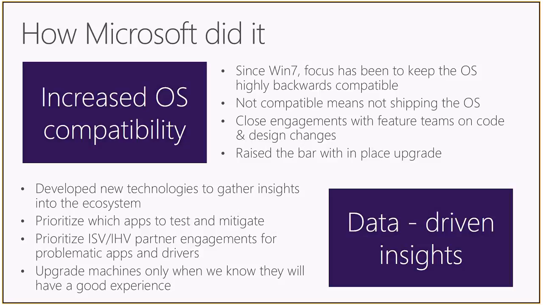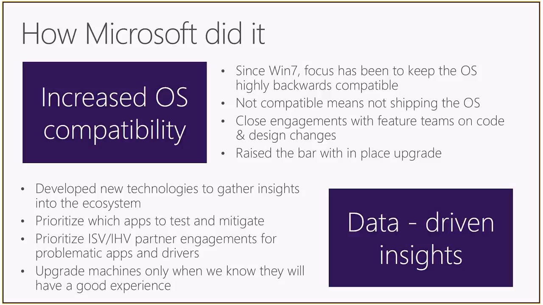So one thing that Microsoft has built into Windows 10 that they never had in the past with Windows XP, 7, 8, 8.1 is telemetry. Telemetry is built into Windows 10, all the versions, Home, Pro, Enterprise, Education, and that allows Microsoft to get insights on what's happening in the operating system. So through the hundreds of millions of Windows 10 in-place upgrades, they got a lot of insight and a lot of data.